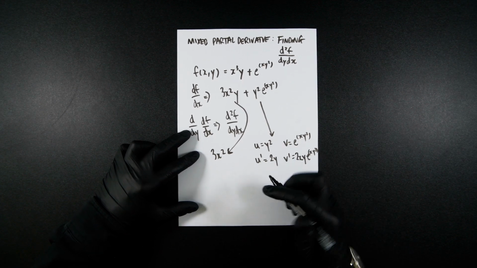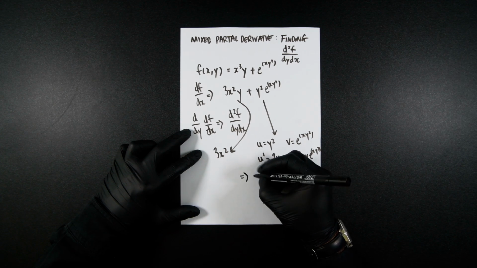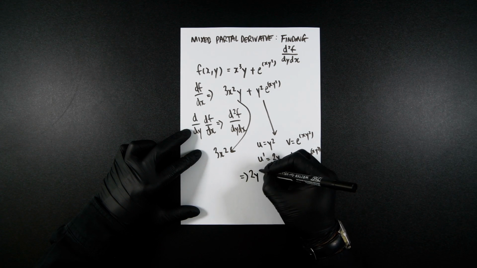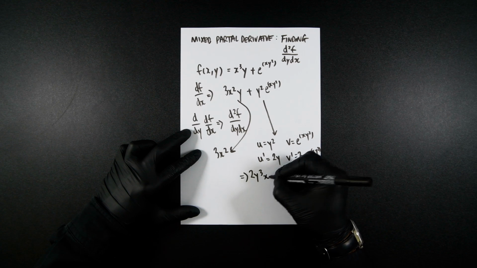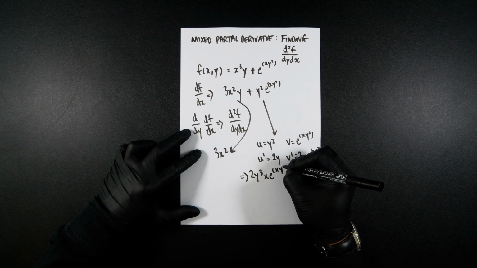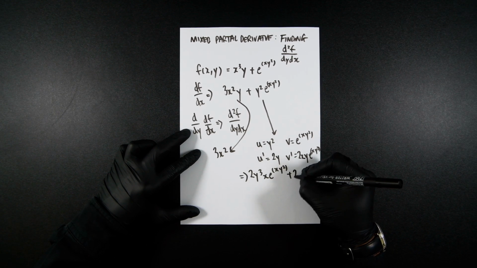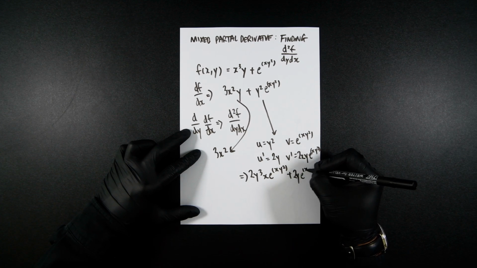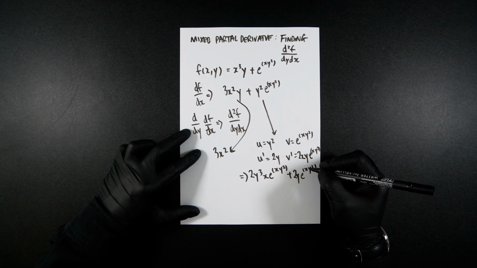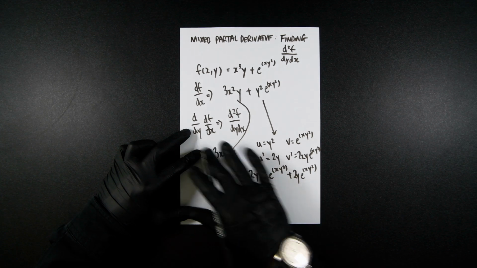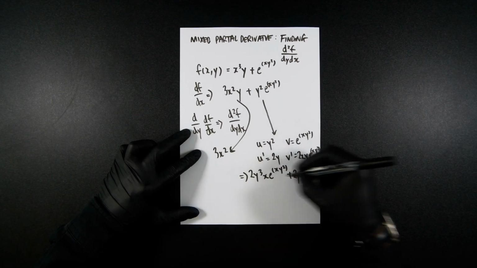We now use the product rule on this, so we will now get 2y cubed x e to the xy squared plus 2y e to the power of xy squared. And now we can add this in. So remember, it's this plus all of this.